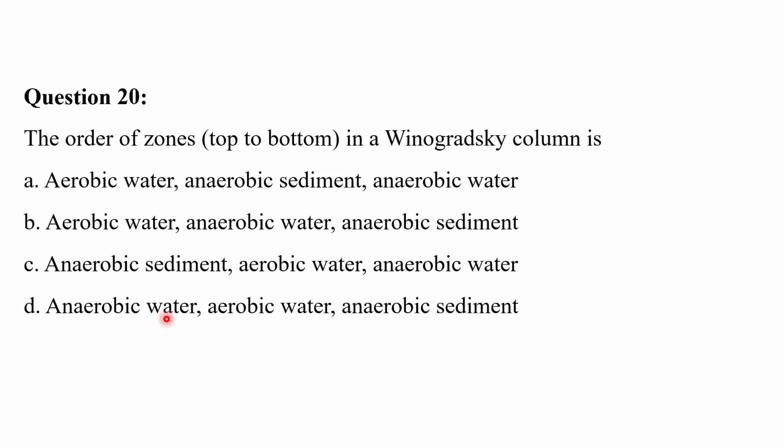So from top to bottom we have to say. So what would be the first layer in a Vinogradsky column? Any idea what will be the answer for this question? So the first layer in a Vinogradsky column would be aerobic water.